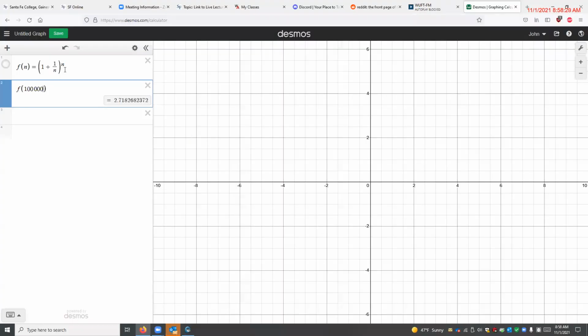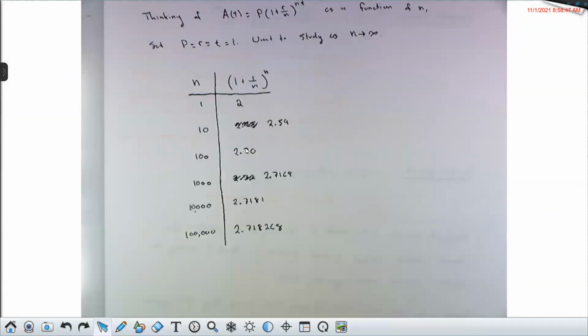Do you notice anything about these numbers? Let me come back to the 1000 and give you a few more sig figs here. It'll help. So that was actually 2.7169. So 2.59, 2.7, 2.7169, 2.7181, 2.718268.